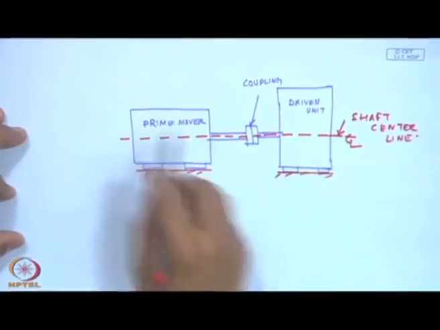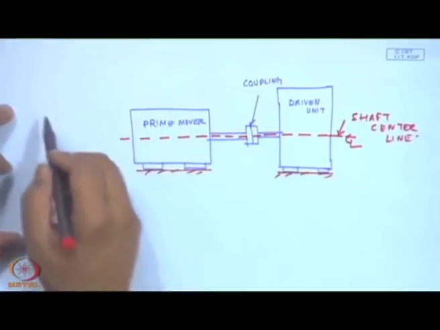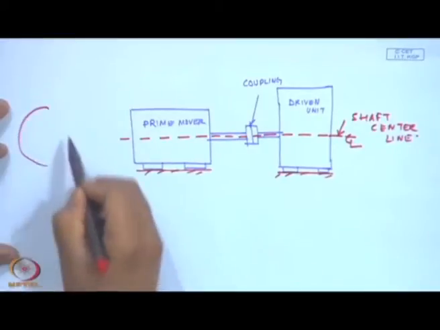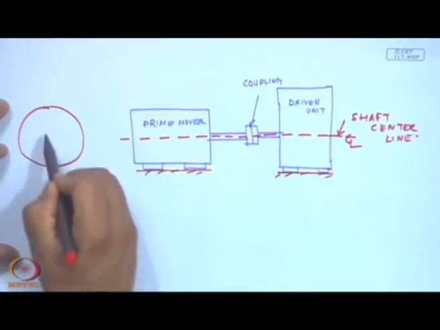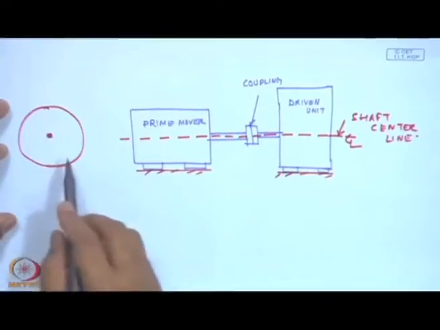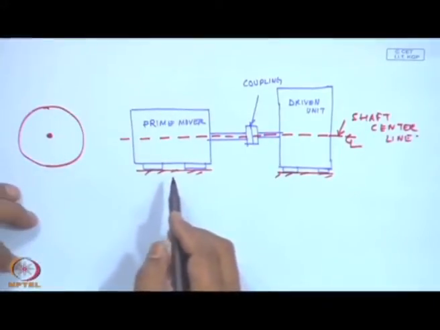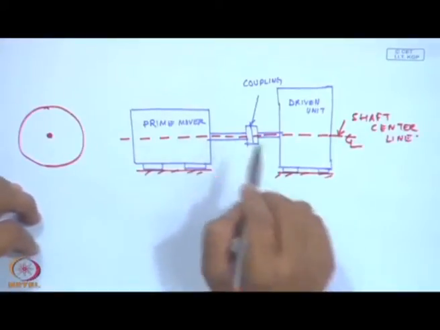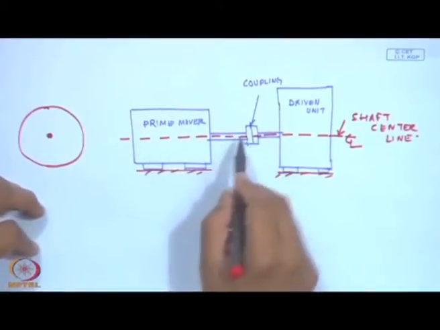If you look in the vertical plane, or in the side view, this should make one projection. Now, if this does not happen, how do we maintain this?